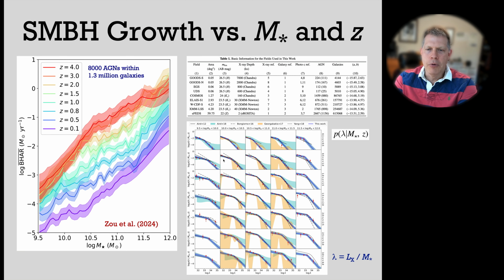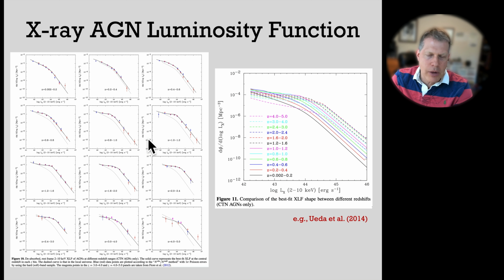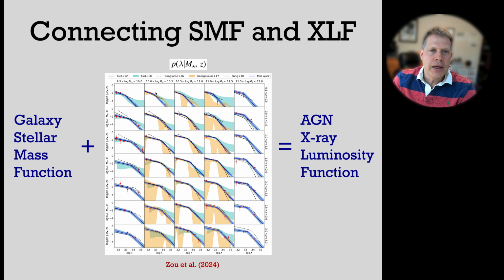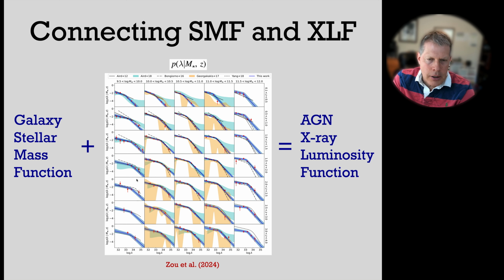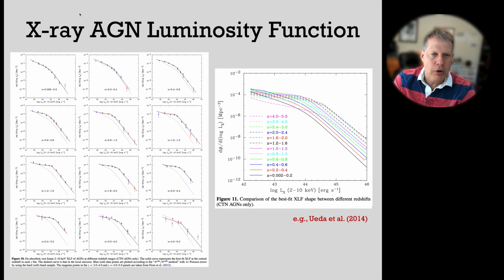And indeed, with these types of measurements, you can connect the X-ray luminosity function with the galaxy stellar mass function, which is very well measured for the general non-AGN galaxy population. And you can, in fact, take the galaxy stellar mass function and combine it with this probability function of black hole Eddington ratio as a function of, again, stellar mass and redshift, and essentially compute what the AGN X-ray luminosity function should be, and you get predictions that agree very well with these measurements.